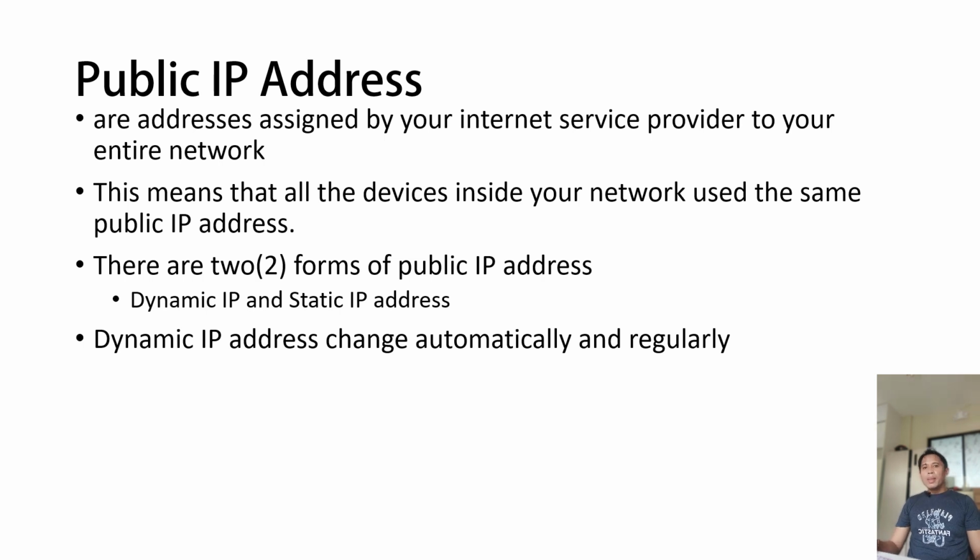Later on in this video, I'm going to show you how to check your public IP address. So maybe today you check your IP address, and a few hours later you check again, or the next day or the following day you check. You will notice that your IP address changed regularly.